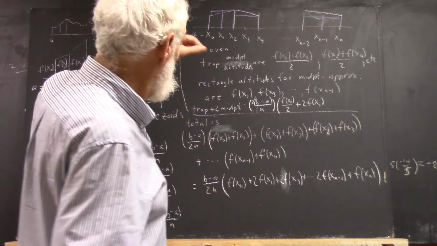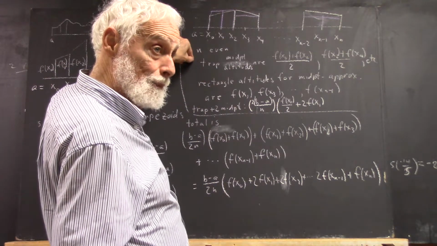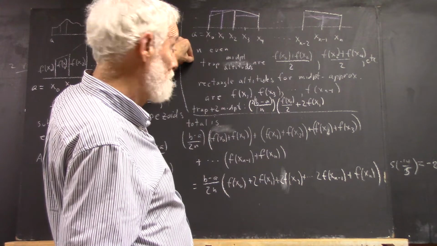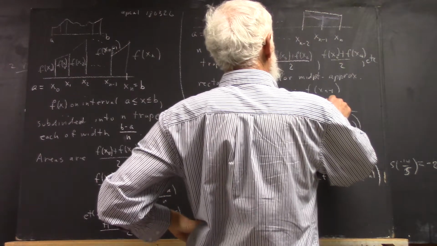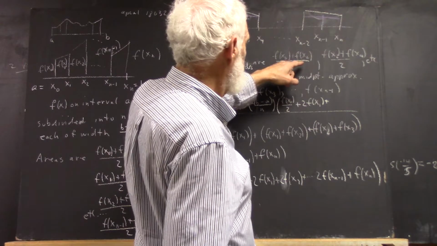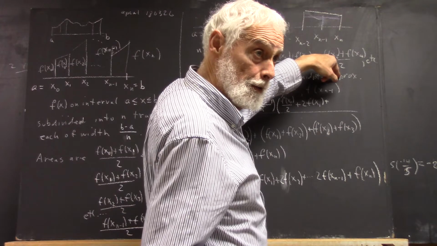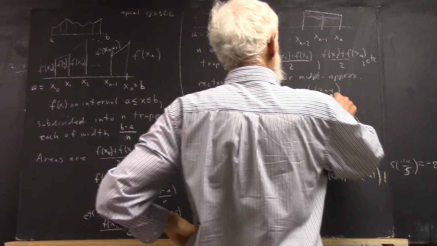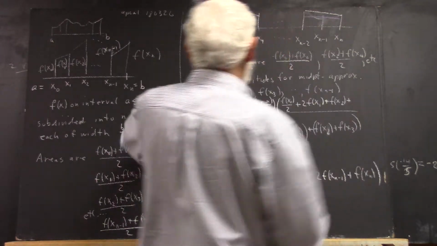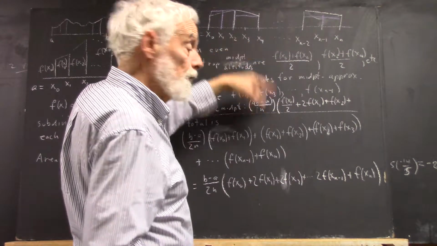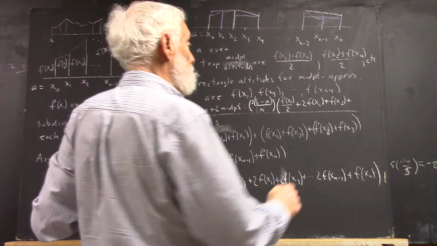Reason is you're weighting 2 of these to 1 of these, okay? And then it's going to be plus, well, you're going to have on x2 half of 1 here and half of 1 here, right? So it's going to be plus f of x2. And then x3 again, you're going to have two of them because you're weighting the midpoint doubly, right?